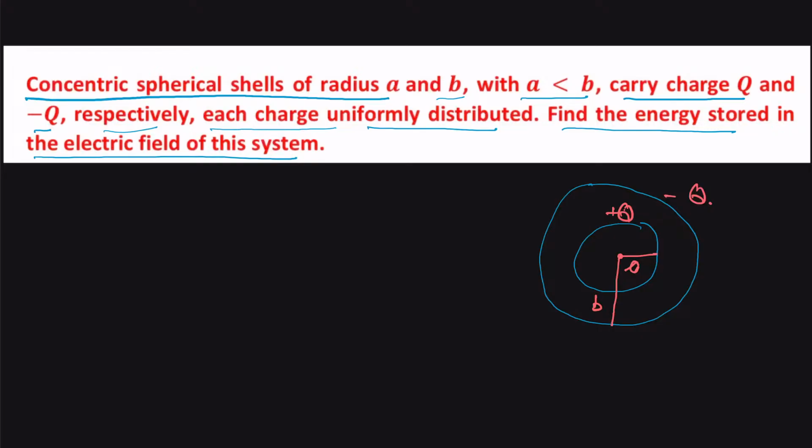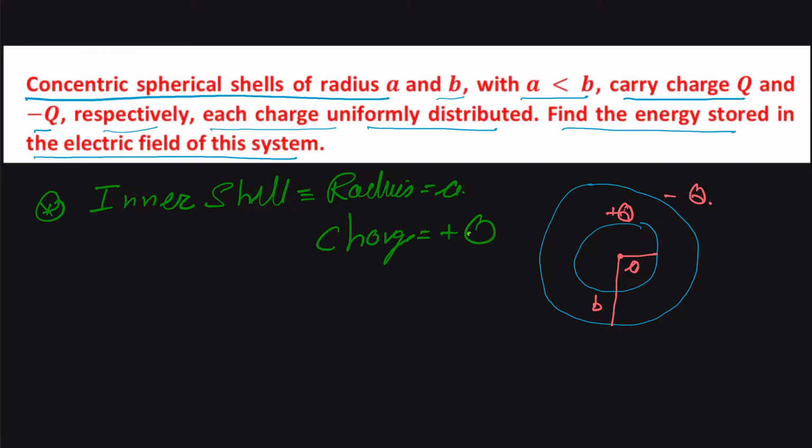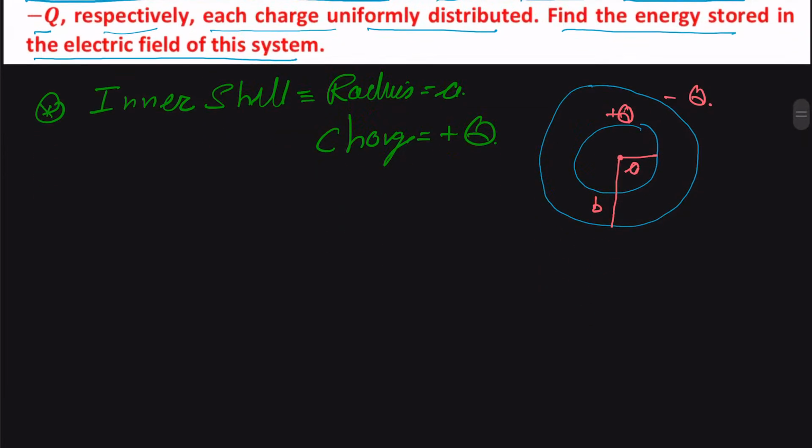So we are given the concentric shells. Okay. So we have our inner shell, and this inner shell has radius small a and charge plus q. Okay.